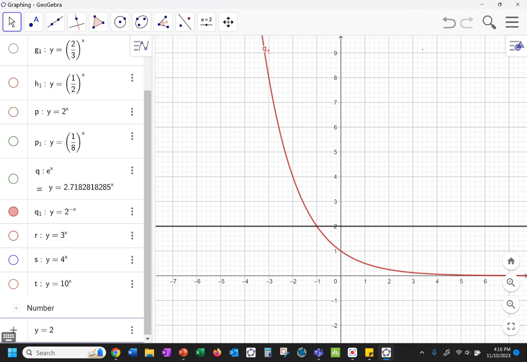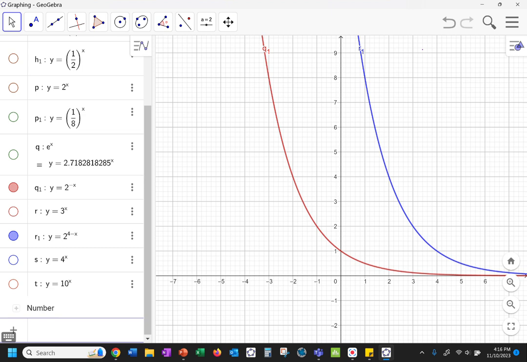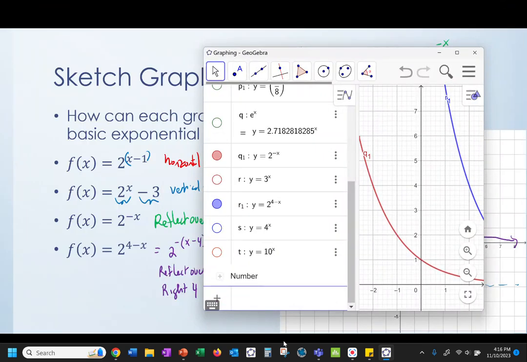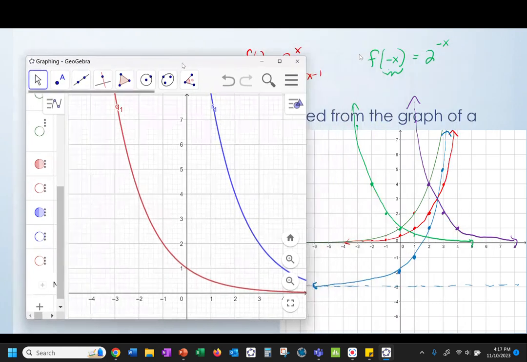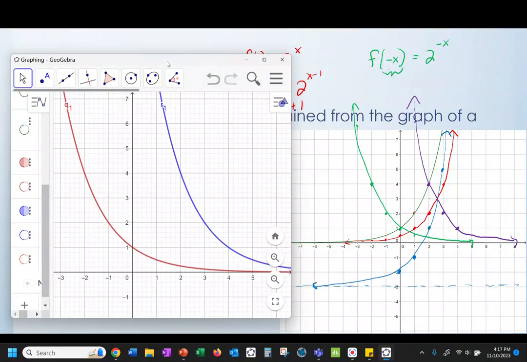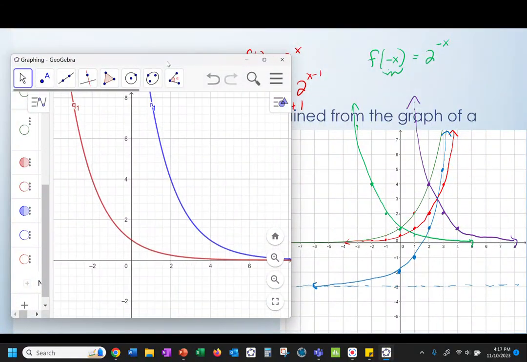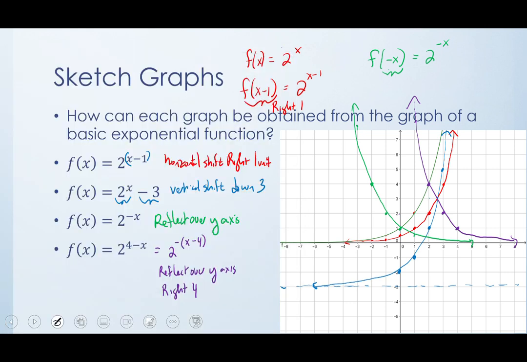Y equals 2 to the 4 minus x. And does that kind of agree with what we had for our graphs? I think it does. Let's make this a little bit, there we go. So roughly speaking, that looks pretty much like our green one is the red one on GeoGebra, and our purple one is the blue one on GeoGebra, which looks a lot better on GeoGebra. All right.